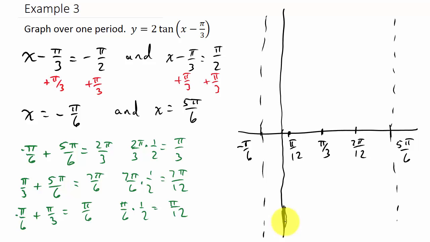Now I plot my points. So what's the highest and lowest number? Well, we look in front, so it's going to be 2 and negative 2. So remember at the first point, let me put the negative 2 over here.